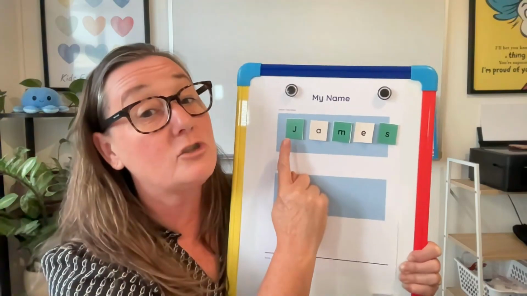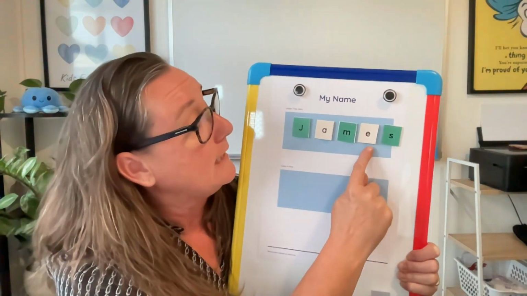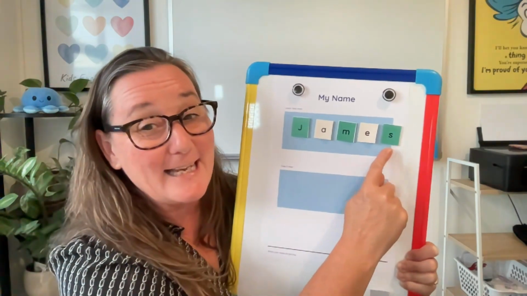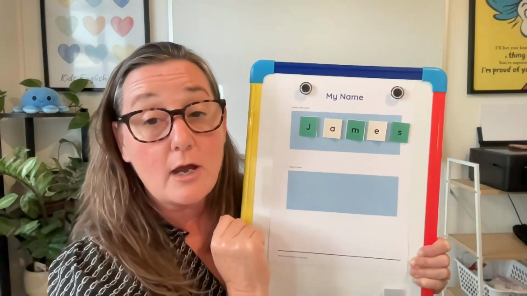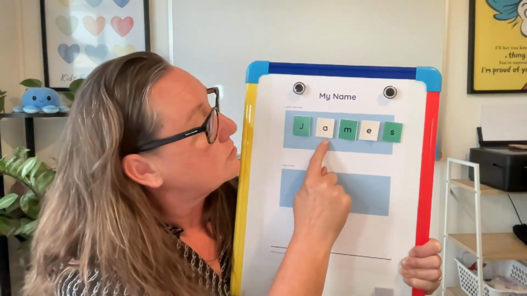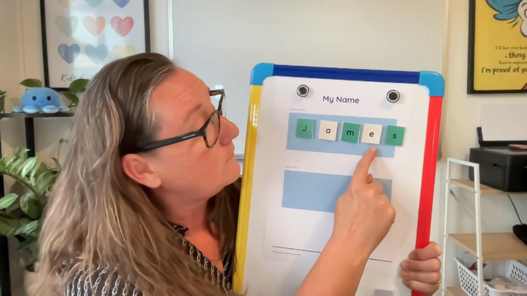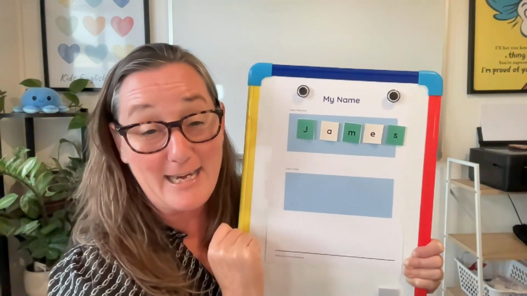So J, J, and then A, M, E, S. James. So you could ask your child, how many letters do you have in your name? 1, 2, 3, 4, 5. I've got 5 letters in my name.